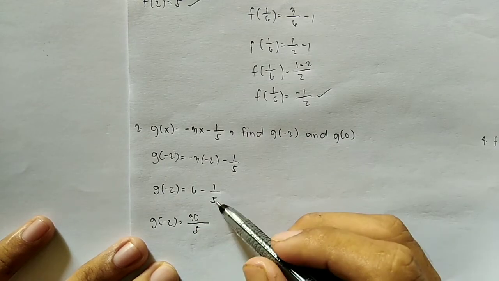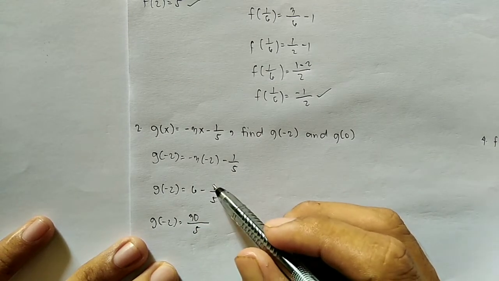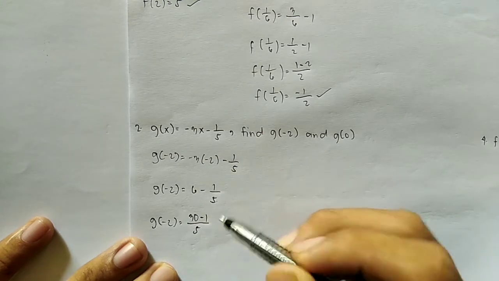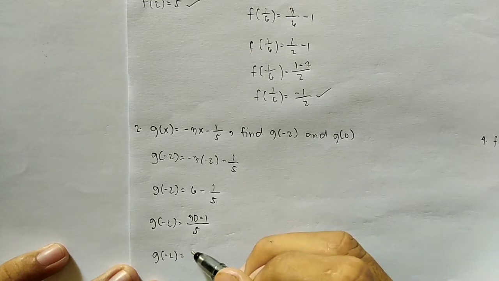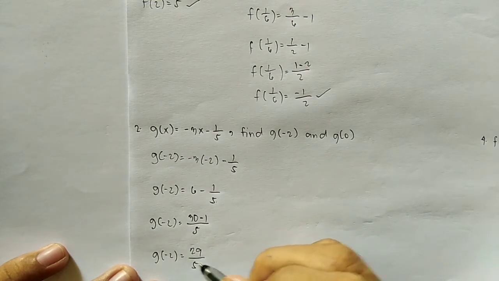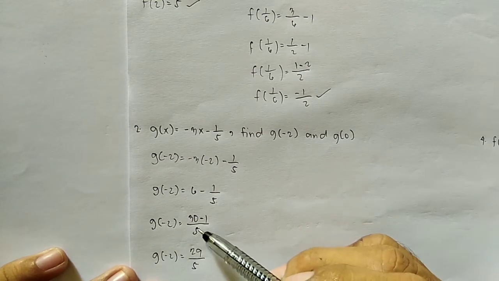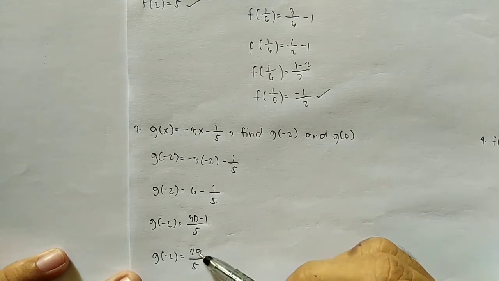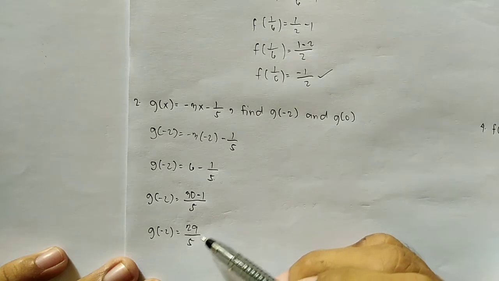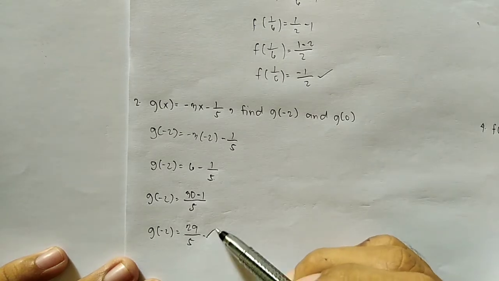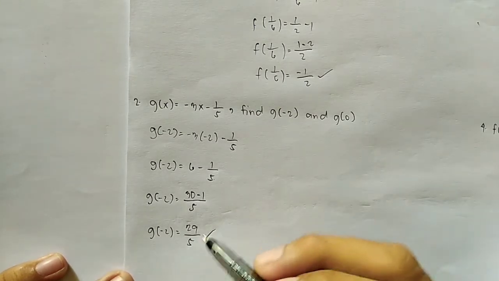Then 5 divided by 5 is 1, times negative 1, that is negative 1. Simplifying further, 30 minus 1 is 29, over 5. Since we can no longer reduce this fraction to lowest terms, 29 over 5 is already the answer.